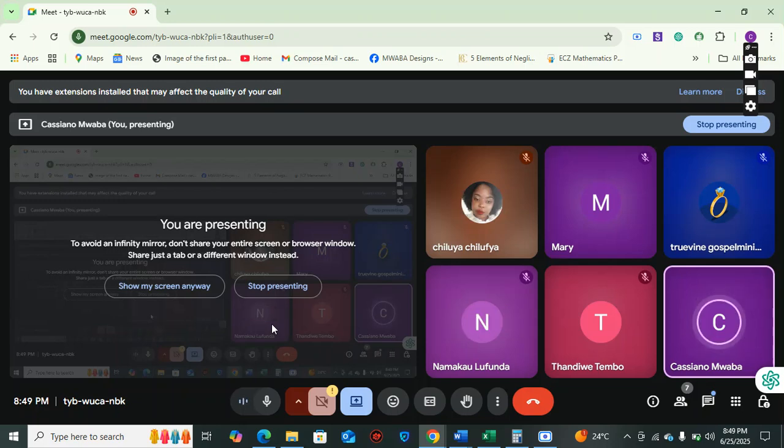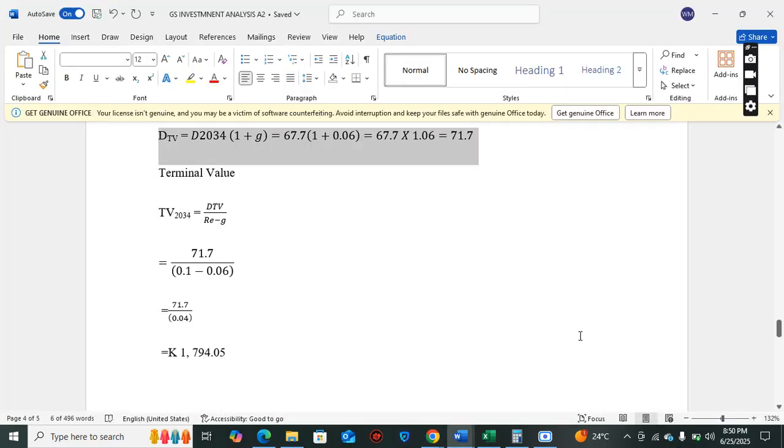Remember, even though you get it wrong, at least you're going to say, okay, this is where I messed up when I iron out your explanation. If you're hiding, you will leave this class maybe even blank, and I don't want anyone to leave blank. At least you have to get something from this class. Yes, Madam Lufunda, could you explain to Mr. Crucial how we got the expected dividend for the terminal value?